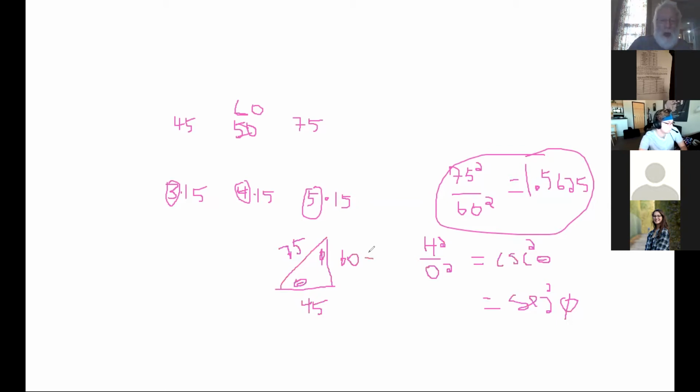if this is our y, and this is the x, I just want to use consistent notation, and this is d, then that first column is always going to be the hypotenuse, the biggest number in the triple, over the second biggest number, quantity squared.